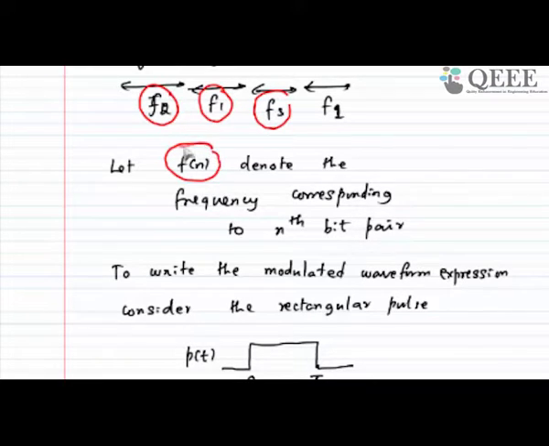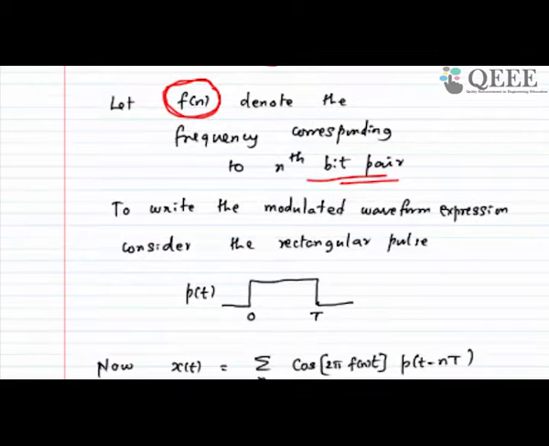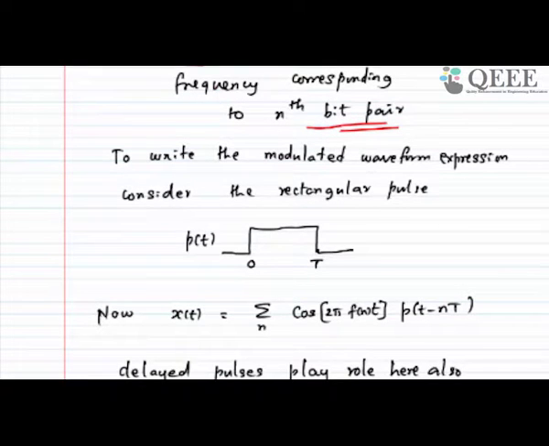So this is the frequency as a function of the bits, right? So f of n is the frequency corresponding to the nth bit pair, because now you have 4 FSK, you can send 2 bits in each symbol duration.